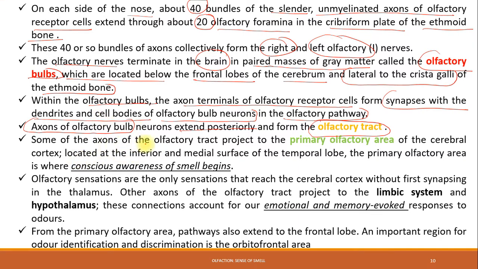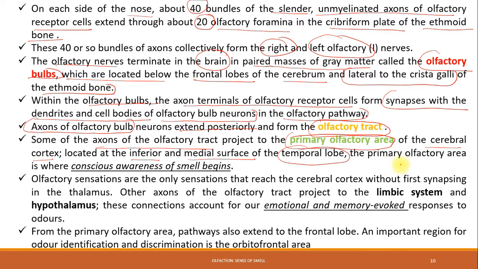Some of the axons of the olfactory tract project to the primary olfactory area of the cerebral cortex, which is located at the inferior and medial surface of the temporal lobe. So where can we find the primary olfactory area? In the temporal lobe.